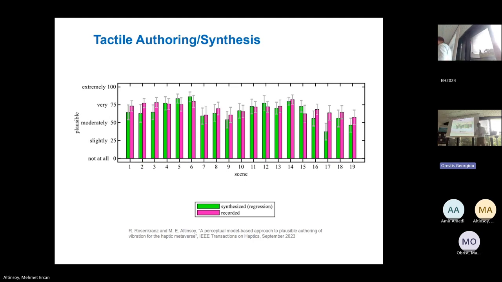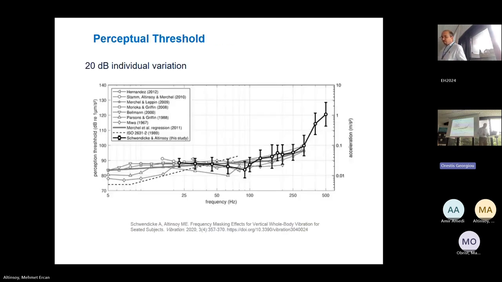And of course, this is the data in the laboratory, but in most cases, the reproduced data was very successful in actually making users happy. And it can be used for different aims. But at the same time, the critical issue in the haptic domain, in comparison also to the auditory domain, is inter-individual differences. It means that already if you look at perception thresholds, you have more than 20 decibel differences between persons.